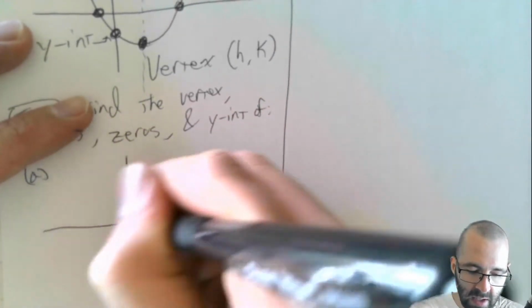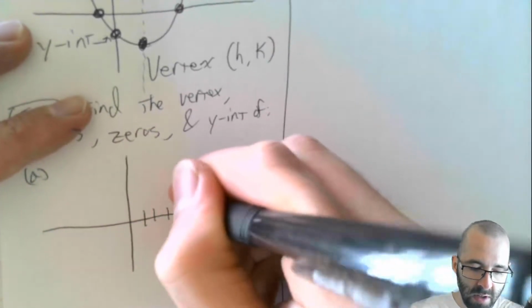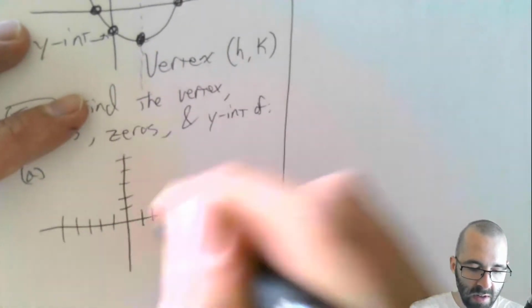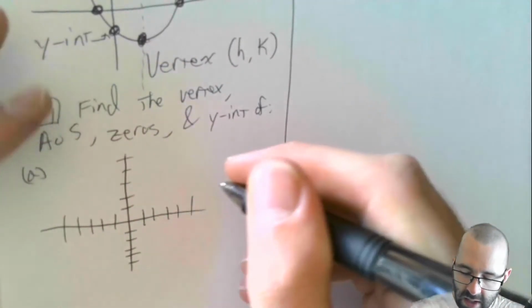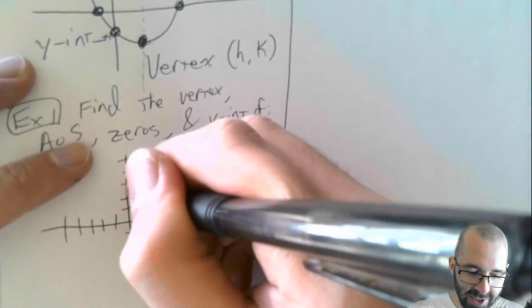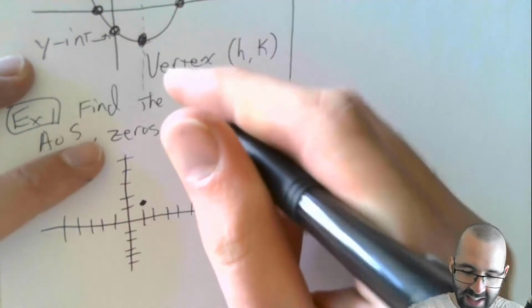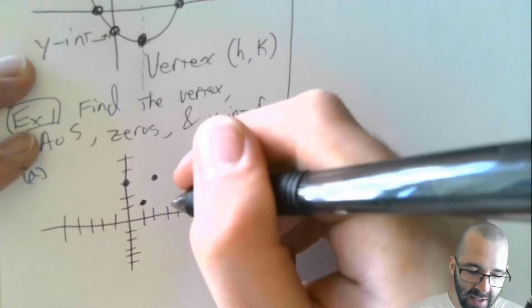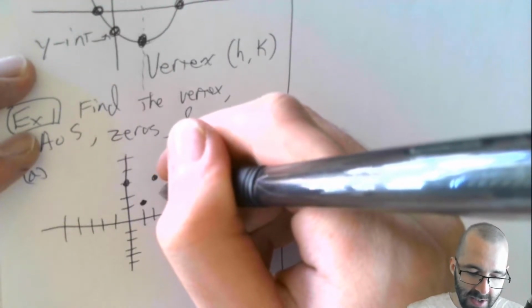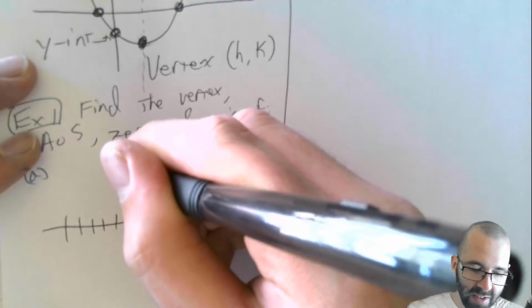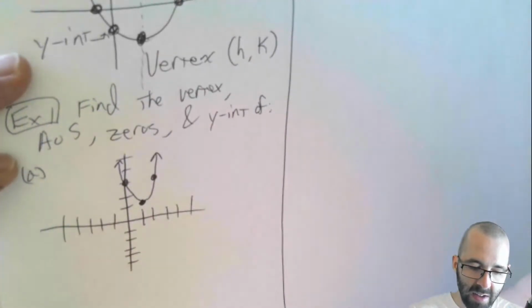So this first one, go 5 in every direction. And I'm going to give you a graph that should look like this, and then the point 2, comma that, and that, comma that. And it goes really steep after that. It's a very steep graph.